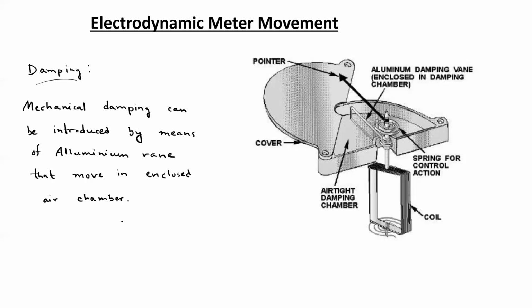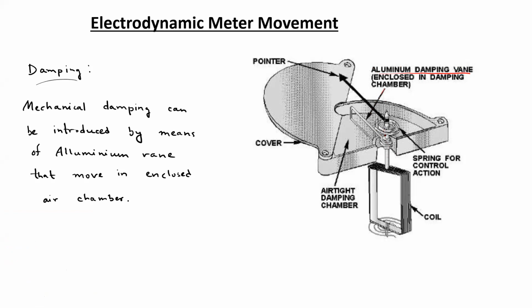Like I have written over here, mechanical damping can be introduced by attaching an aluminum vane with the coil, so that the aluminum vane will also move inside an enclosed air chamber. As shown in this figure, the aluminum vane is attached to the shaft of the moving coil.